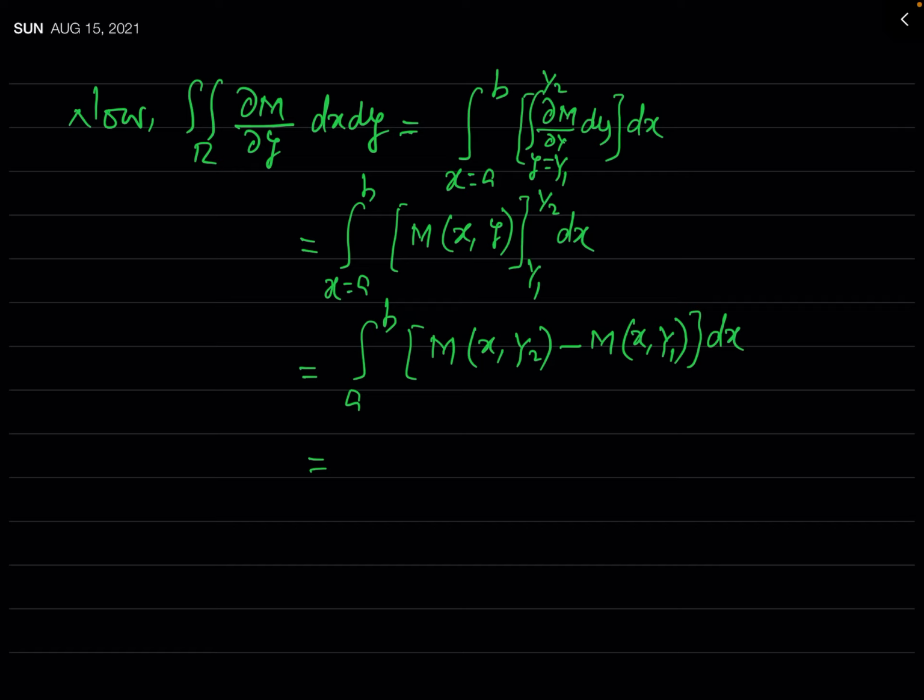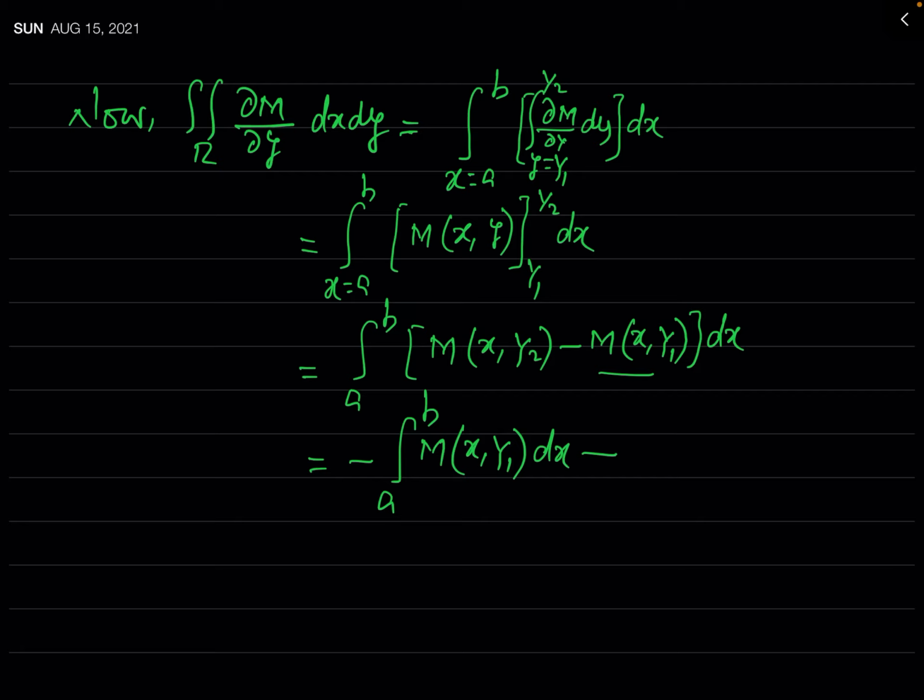Now we will break this integral in two parts, as you can see here. First of all write this second term. So this can be written as minus integral a to b m of x comma Y1 dx, and the first term is positive, but if you interchange the limits, that is the lower limit is made the upper limit and the upper limit is made the lower limit, then the sign will be changed.